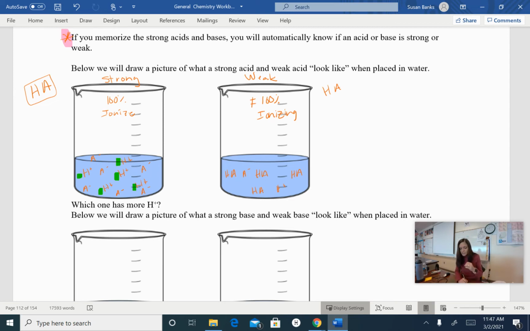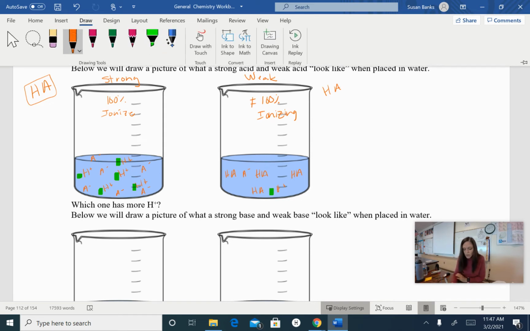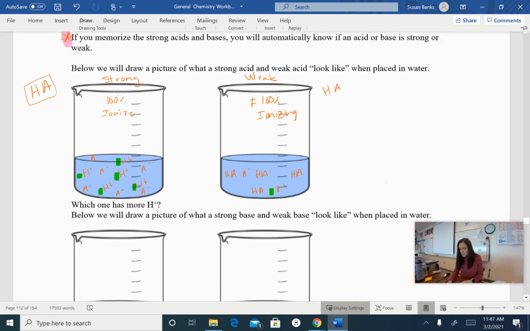So we've got 5 hydrogens in solution. When we look at the weak acid, we only have 1. So does that now make more sense why we call strong acids strong and weak acids weak? Okay, which one has more hydrogen ions in it? The strong one does, because the acid dissociates and we actually create hydrogen ions.